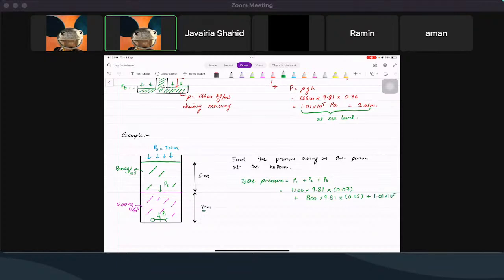When you add all of this, it should come out to be 1.015 times 10 raised to 5 pascals.